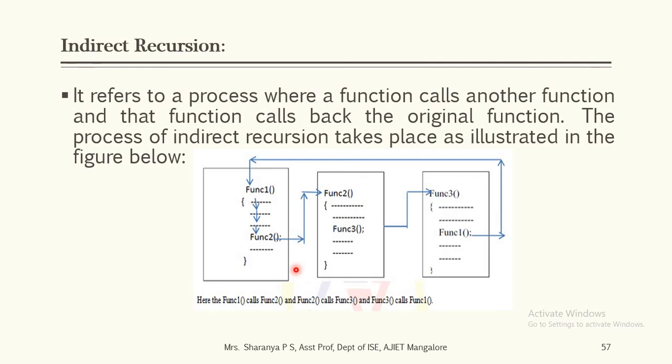In simple terms, for example, there is a function A and A calls the next function B, B calls C, and C once again calls A. Then those functions are called indirect recursion. In this example, inside function 1 there is a call to function 2, in function 2 there is a call to function 3, and inside function 3 there is once again a call to function 1. This is how it calls the function in an indirect way.